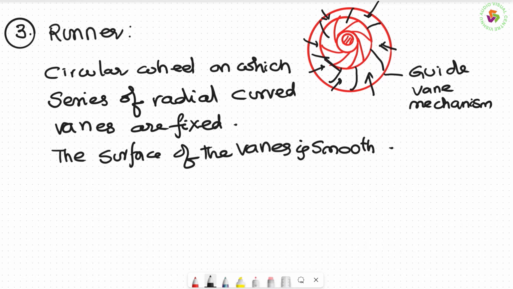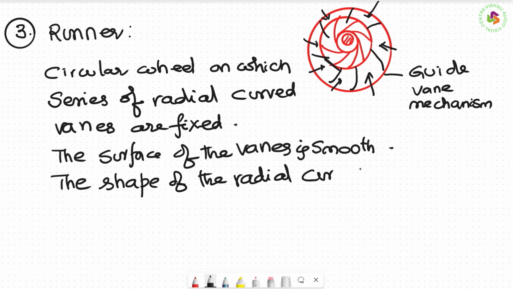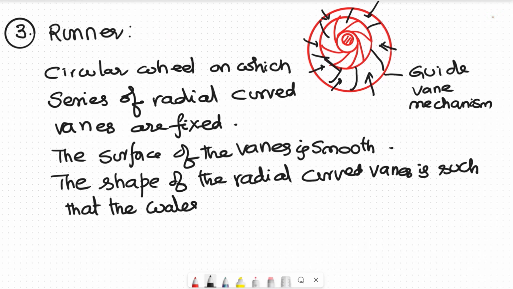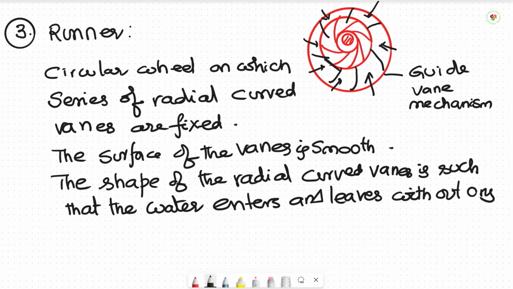Why smooth? Otherwise, losses will be there. Right? The shape of the radial curved vanes is such that the water enters at the outer periphery and leaves at the inner periphery without any shock.